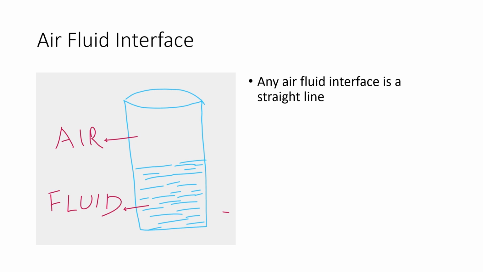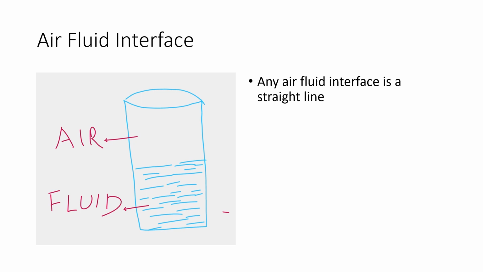Imagine you have a transparent cup in front of you and you pour water into it, filling it till the half. Now look at the transparent cup from the side, and now you have above air and below you have the fluid.